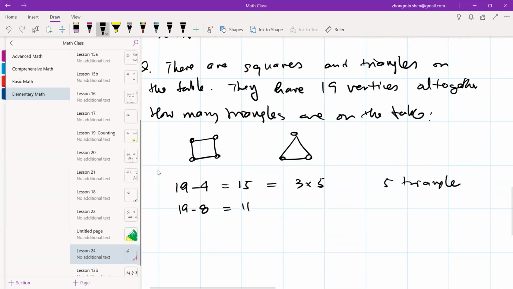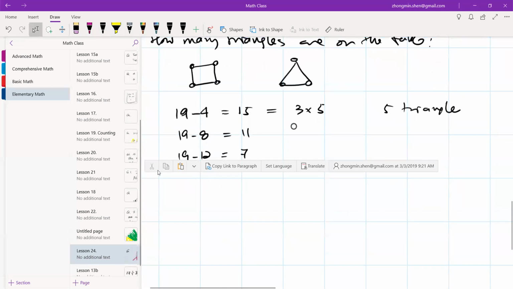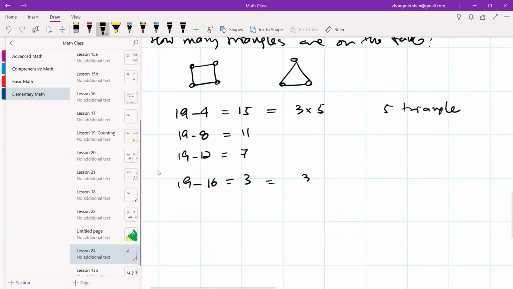It's impossible, it's not a multiple of 3. 19 minus 12 is going to be 7. Not good, right? And 19 minus 16, you get 3. Yes, 3 is 3 times 1 triangle. Yeah, this is what you do. You list all the possible cases.